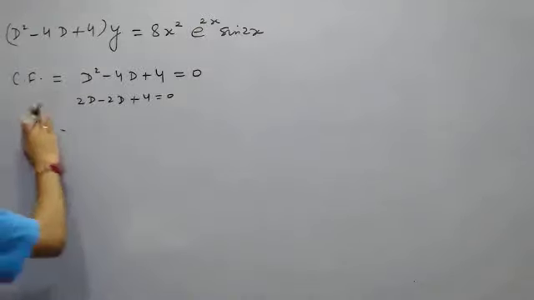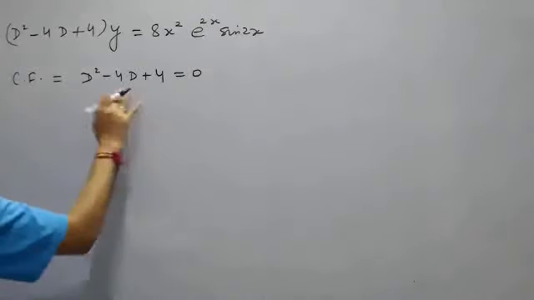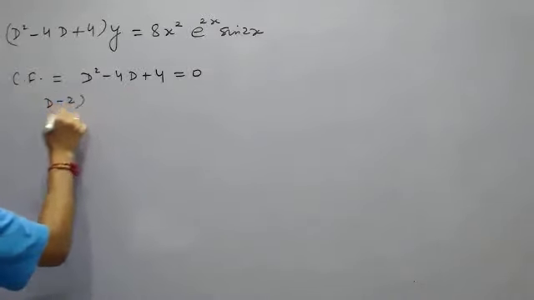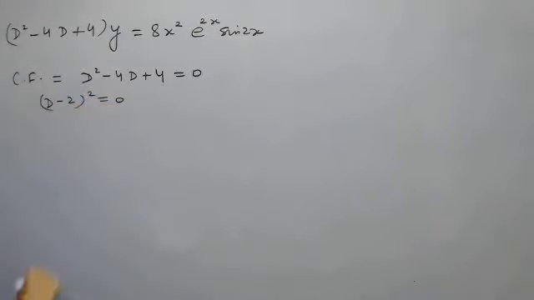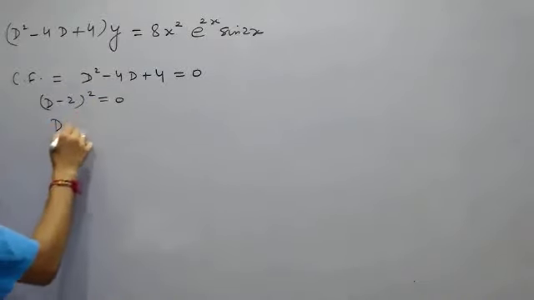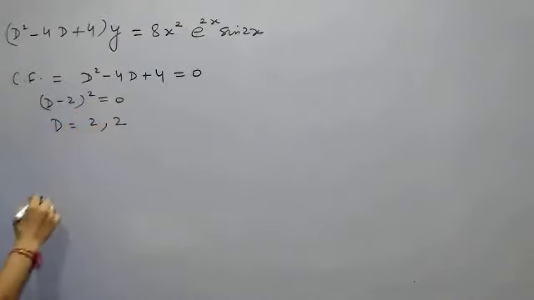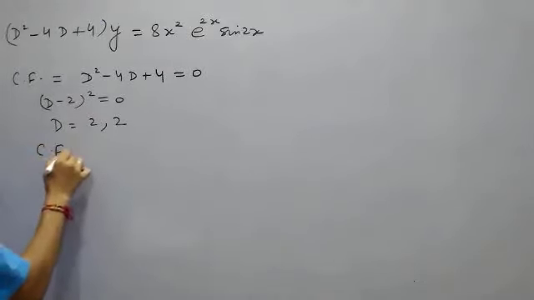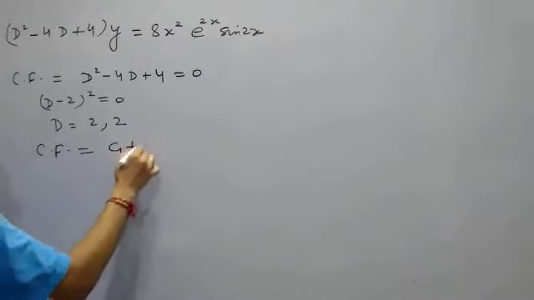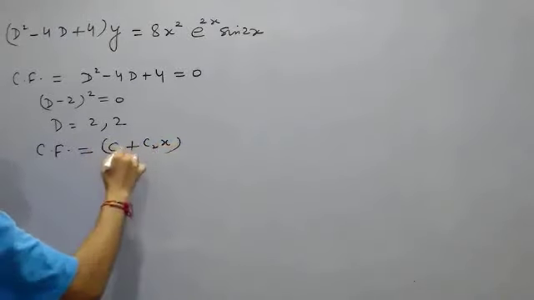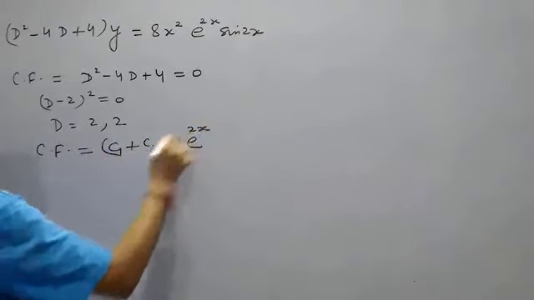Correct? A square plus B square minus 2AB. So what is the value of D? 2 comma 2. So what will be the complementary function? C1 plus C2 x e to the power 2x.